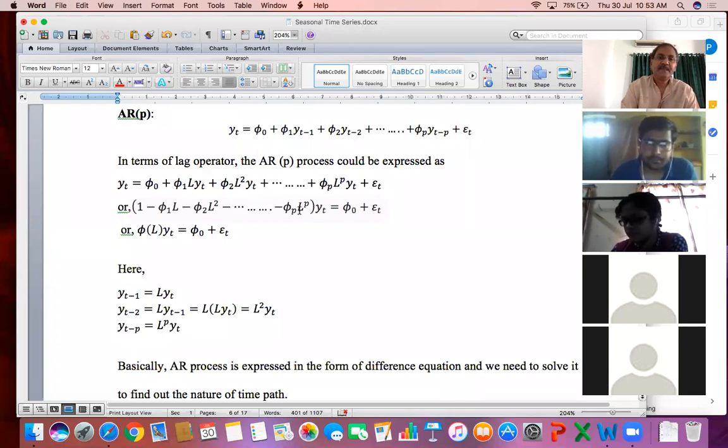Now if you set this polynomial equal to 0, you have an equation called the inverse characteristic equation. In this inverse characteristic equation, if you set 1 by L is equal to Z, you have what is known as the characteristic equation.